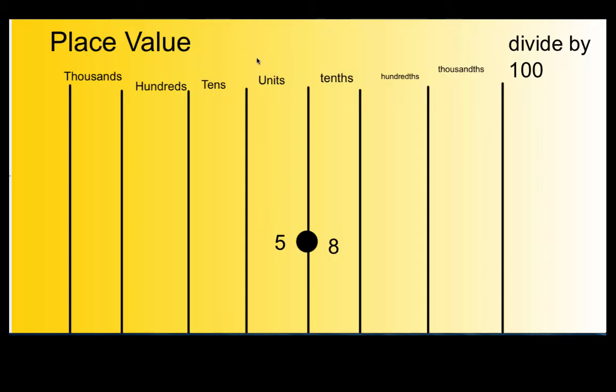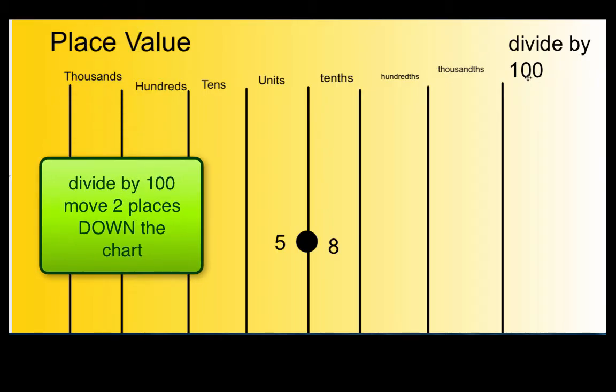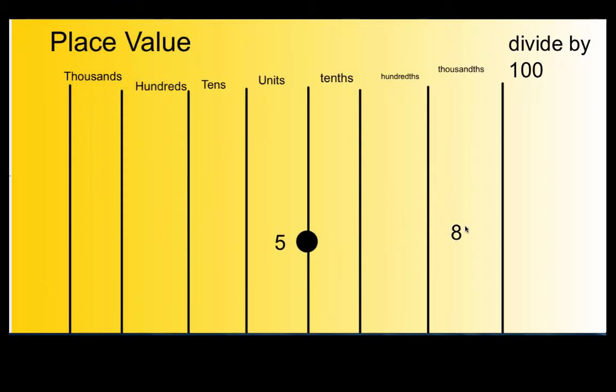So if we're dividing by 100, again we're going down the place value chart this time, and of course because there's 2 zeros we're going down twice, so you move the 8 down twice. You move the 5 down twice.